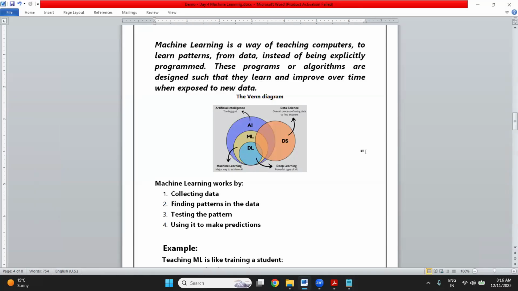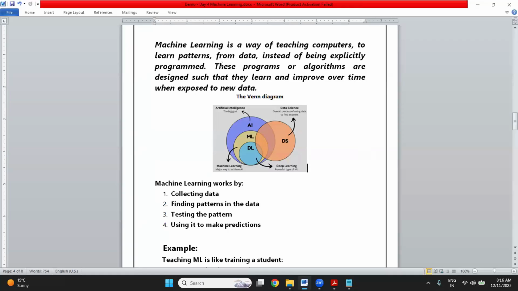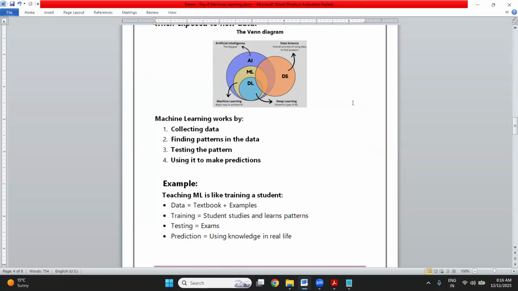So how exactly does machine learning work? Is it clear what machine learning is? We are basically trying to train the machines by feeding the data, by showing them the patterns, and then we will collect more information on that particular data. So let us now understand how exactly machine learning works.